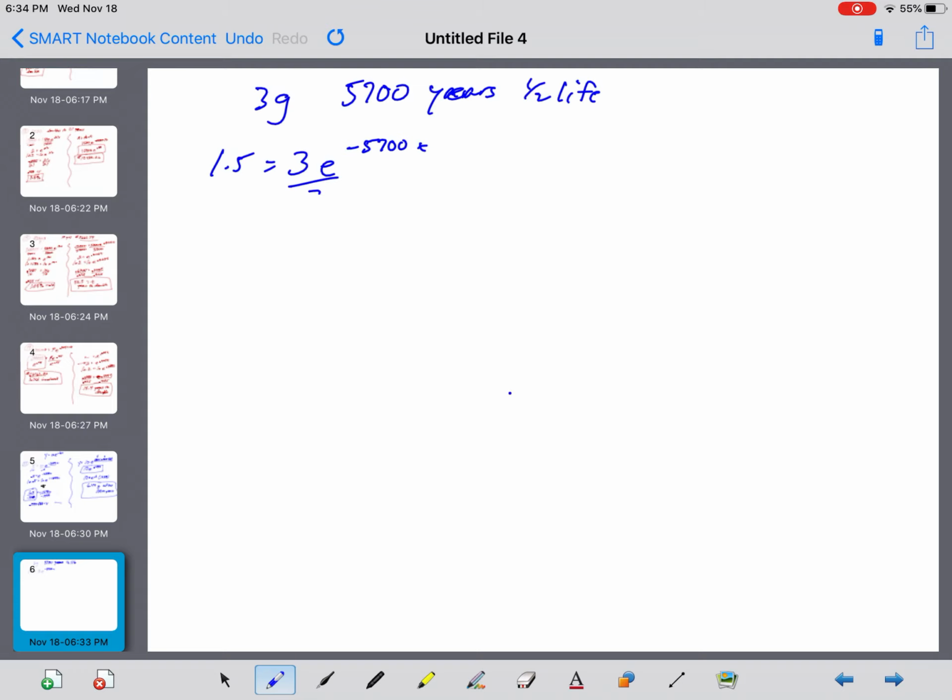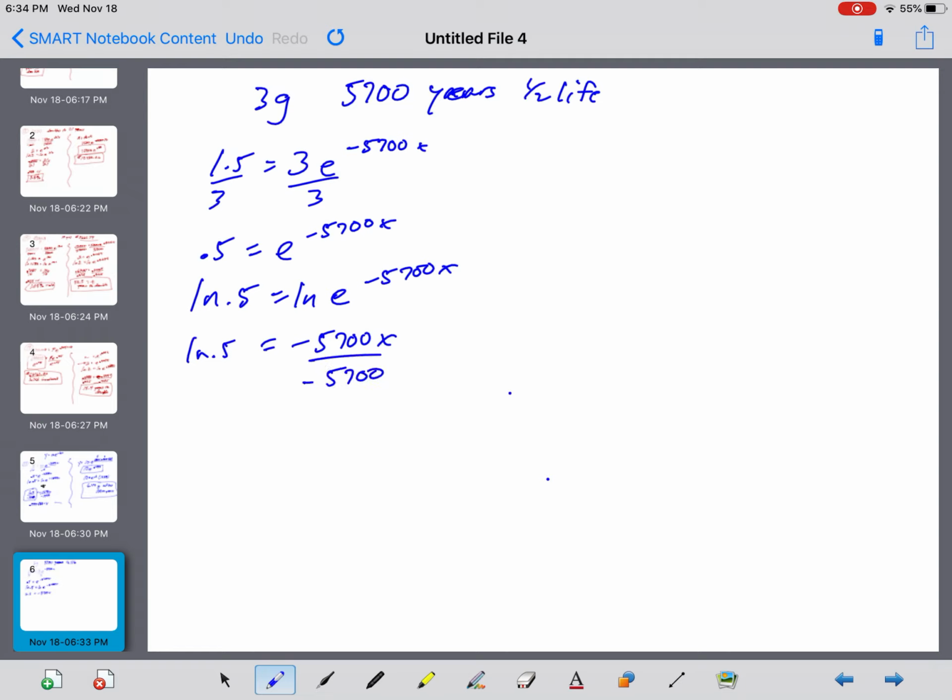You could call it x, you could call it r. All right, we're going to divide by 3. You're going to get 0.5 equals e to the negative 5,700 x power. Then we're going to natural log both sides. And then we're going to get negative 5,700x over here. It's equal to the natural log of 0.5.